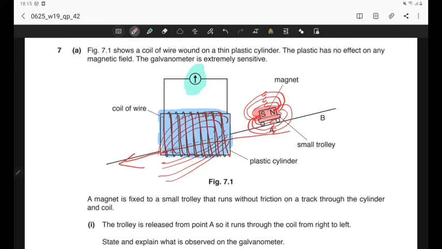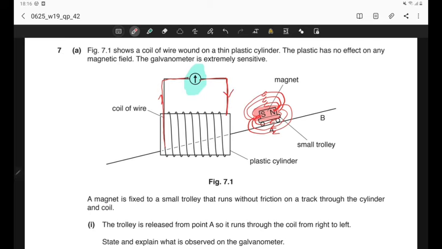The field lines will get cut by the coil. So now we have a coil, and the magnetic field lines or magnetic flux is getting cut continuously by this coil. So there will be electromagnetic induction, and there will be a current flowing through the coil. So this coil will conduct an induced current due to electromagnetic induction, or due to the magnetic field lines getting cut by the coil.